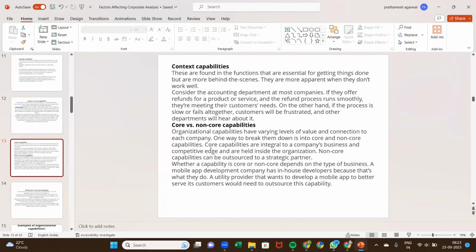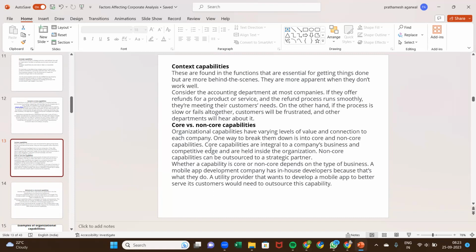For example, in online shopping, if the goods are damaged and you need a refund and the refund is not done promptly, then you'll say, oh, they have a problem, they're very lazy, they do not attend to the customer's call. So that is called the contest capabilities.